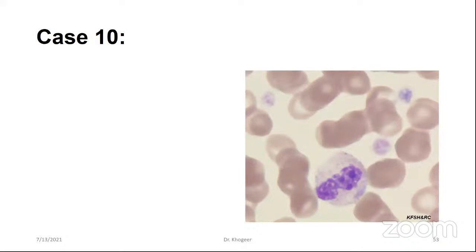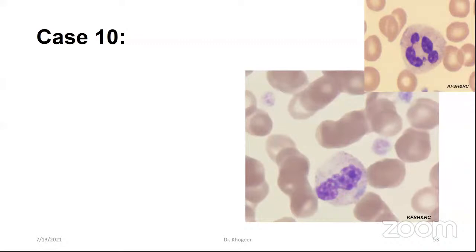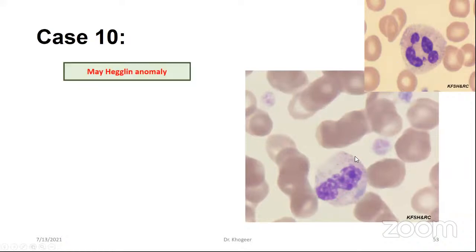So this neutrophil shows Döhle-like inclusion bodies along with large or giant platelets. That's true. Again, if we compare it with the normal neutrophils, as you can see, there are no inclusions similar to this one. So this is May-Hegglin anomaly.